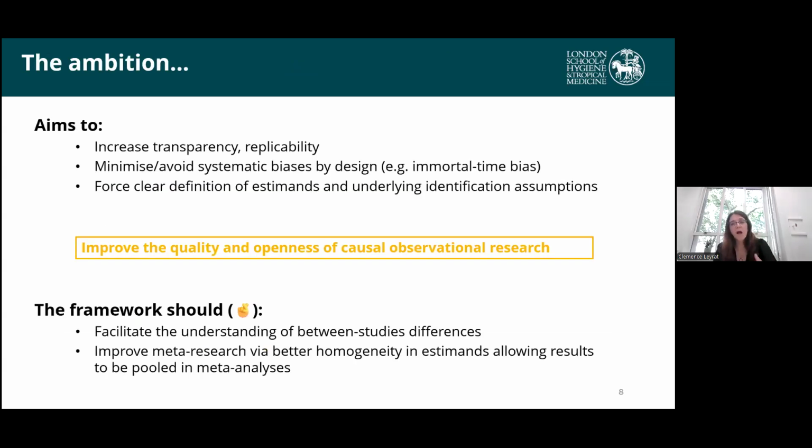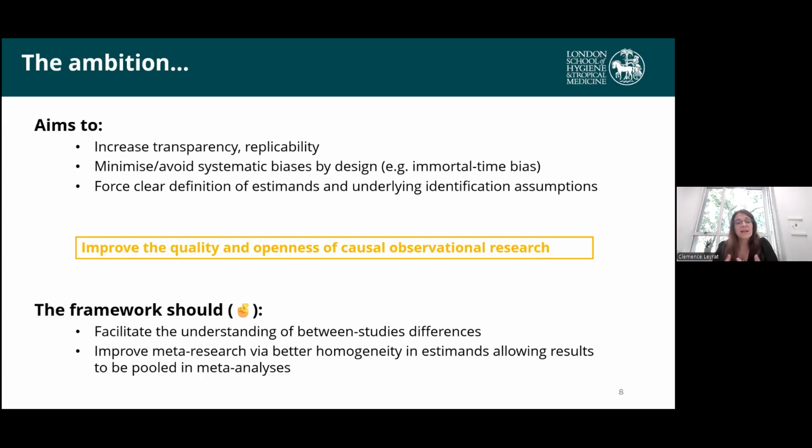But why are we doing target trial emulation? What's the ambition? The aims are first to increase the transparency and replicability of observational research, which is true, it's not the most transparent thing. And to help minimize systematic biases by design. So, for example, try to prevent immortal time bias or things like that before doing any kind of analysis and even before looking at the data.